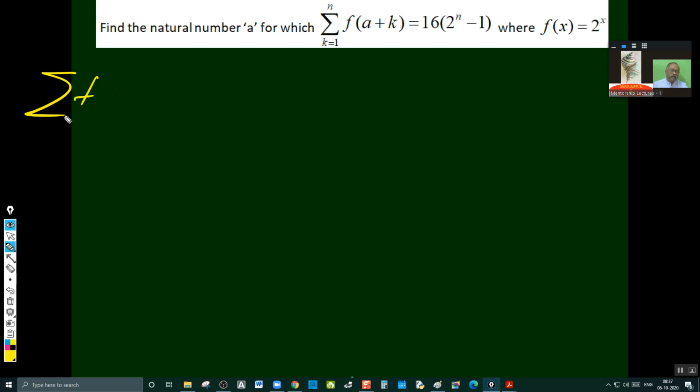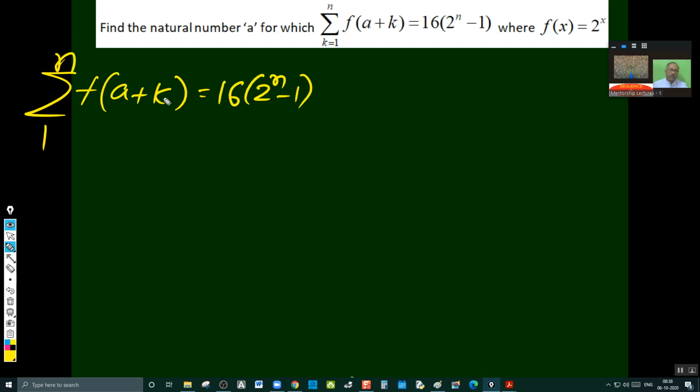Yes, let me check. We did the same model in functions also. k runs from 1 to n, is equal to 16 into 2 power n minus 1.